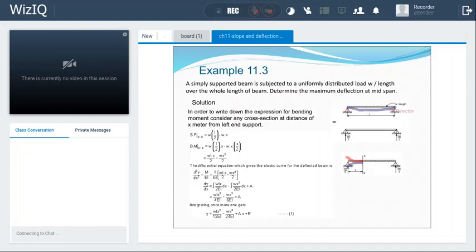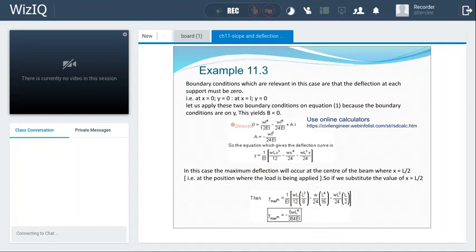These are two definite conditions: deflection is 0 at x equal to 0 and deflection is 0 at x equal to L. So these are the two boundary conditions which you will be using. At x equal to 0, y is equal to 0, and second at x equal to L, y is equal to 0.